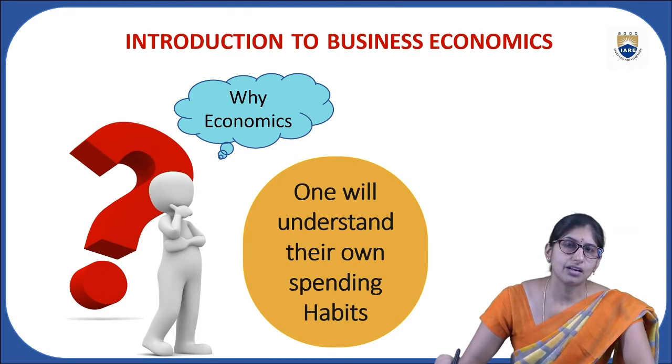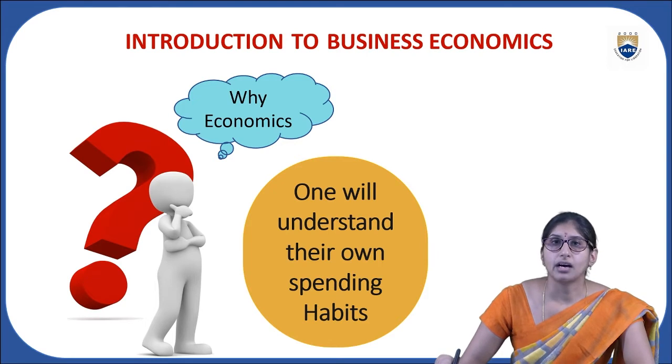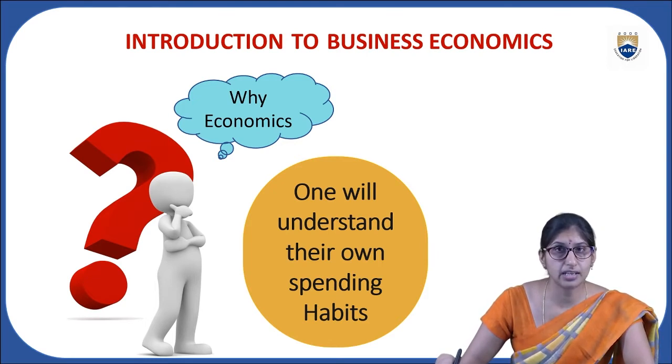Everywhere we deal with economics because every person would like to earn money and would like to spend money. How he is spending money matters a lot here. So one should act rationally. That is what economics is.